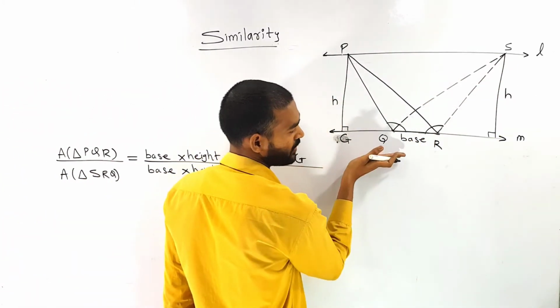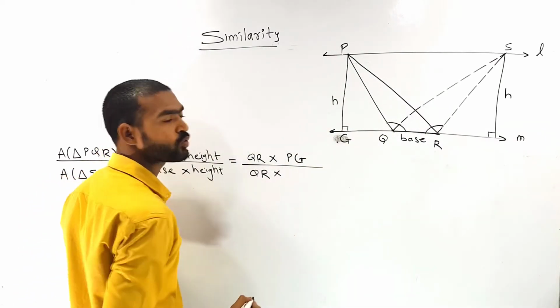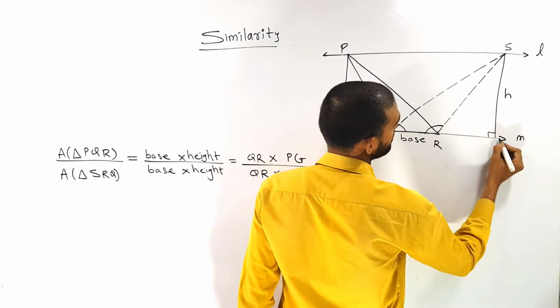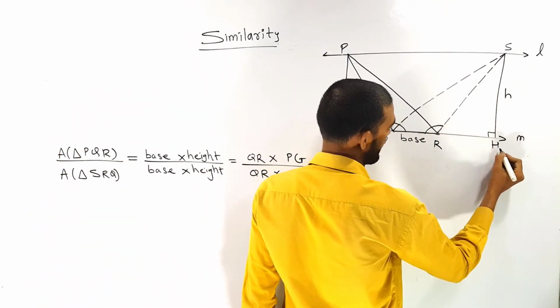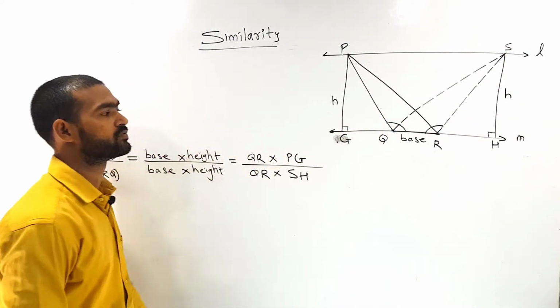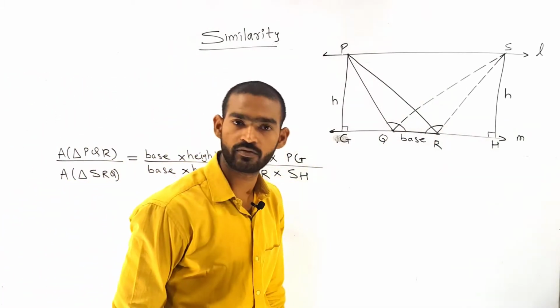What is the base? Base is QR, into, what is the height of this triangle? Height is S, and let us say this one is H. SH is my height. Clear everyone? How we got this base and these heights?